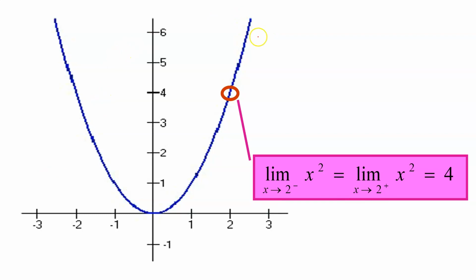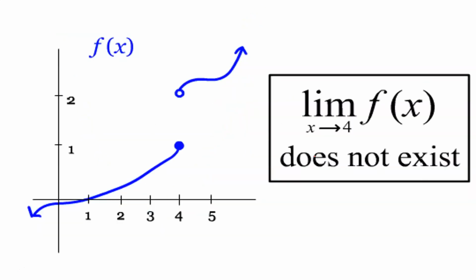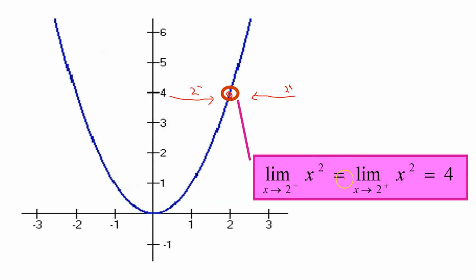So you see that this one is from the right, from here. Okay, and then from the left, dia akan bertemu dekat di sini, di 4. So this is from the right, which is 2 positive. This is from the left. Okay, at the end dia akan bertemu di tempat yang sama.